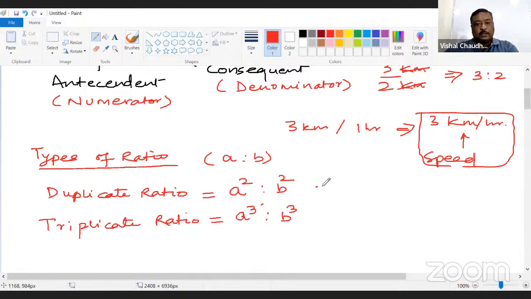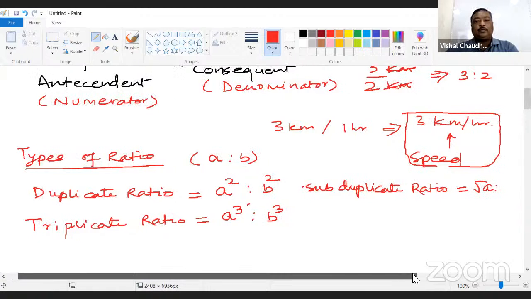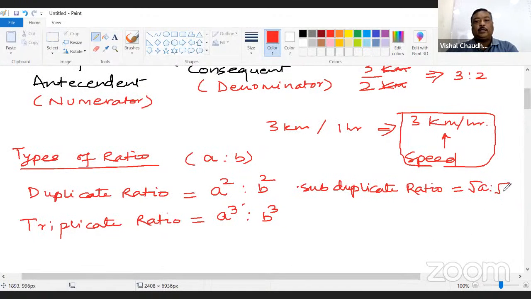From this comes subduplicate ratio. Now, what is subduplicate ratio? It is square root of A is to square root of B, and here comes subtriplicate ratio.